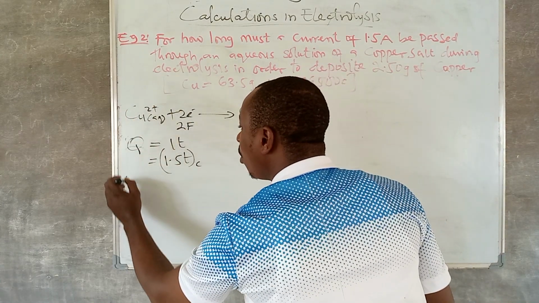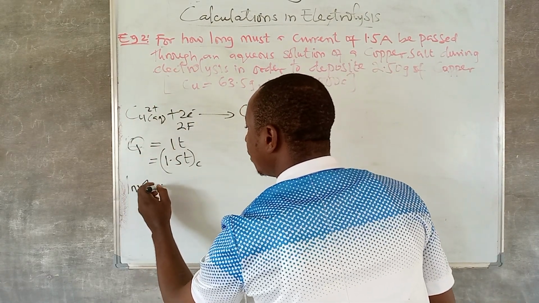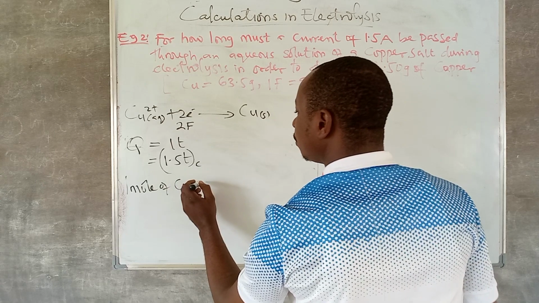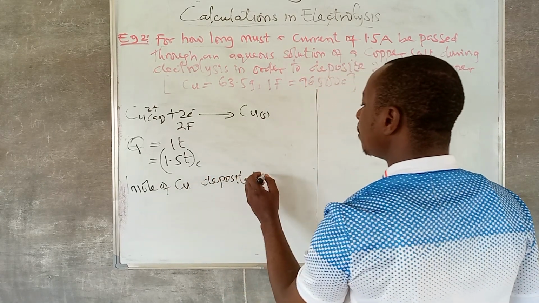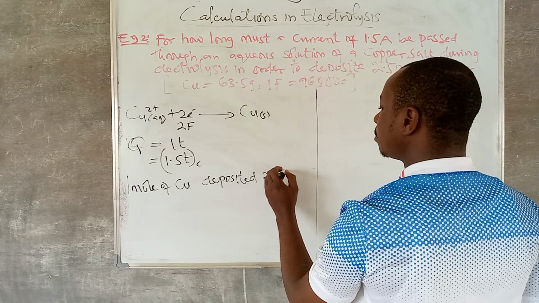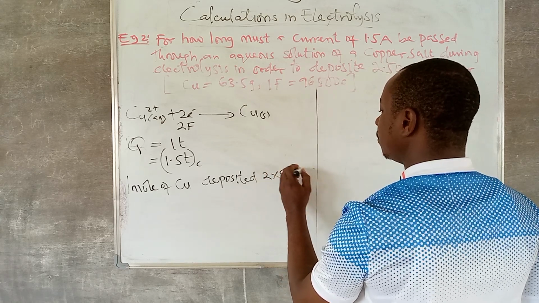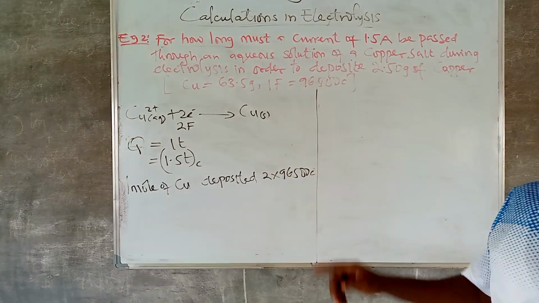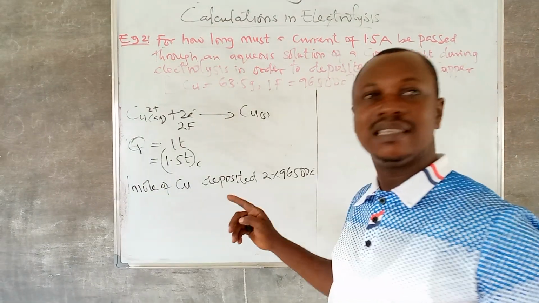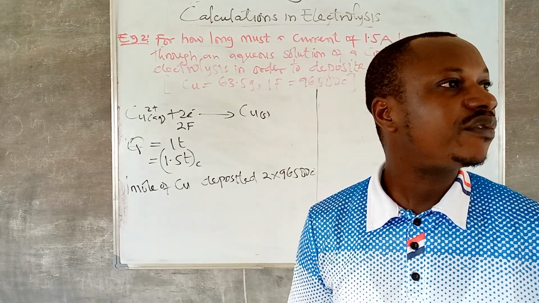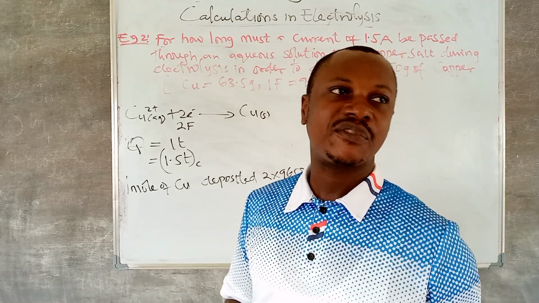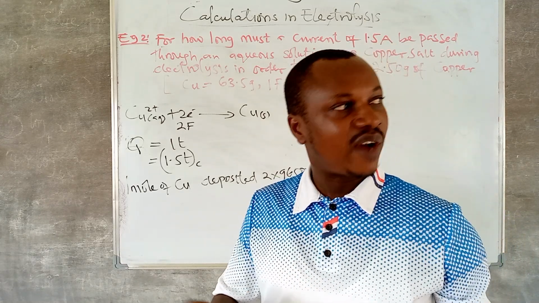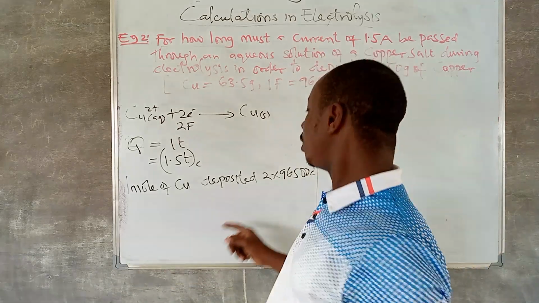We know that 1 mole of copper deposited, I like writing this statement, deposited 2 times 96500 coulomb. Don't forget, 1 Faraday equals 96500. Don't even confuse it because in the objective, they may confuse you, 1 Faraday equals 95600 or 96500. It's always 96500.